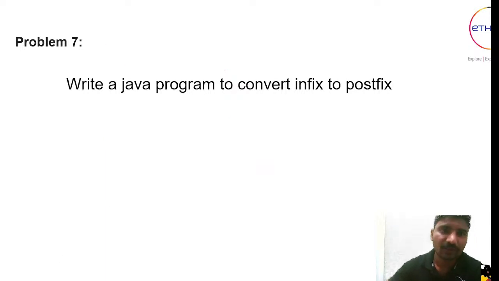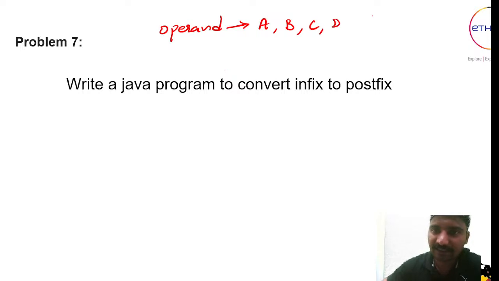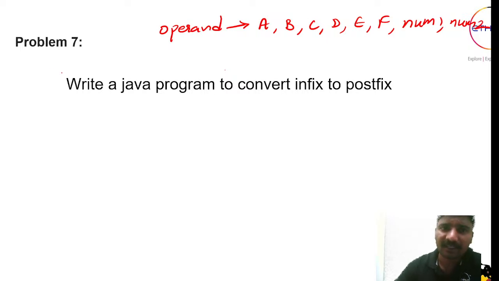Now, there is something called an operand. When I mean an operand, it goes with A, B, C, D, E, F, anything, any variable, or number 1 or number 2. Any variable can go as an operand.